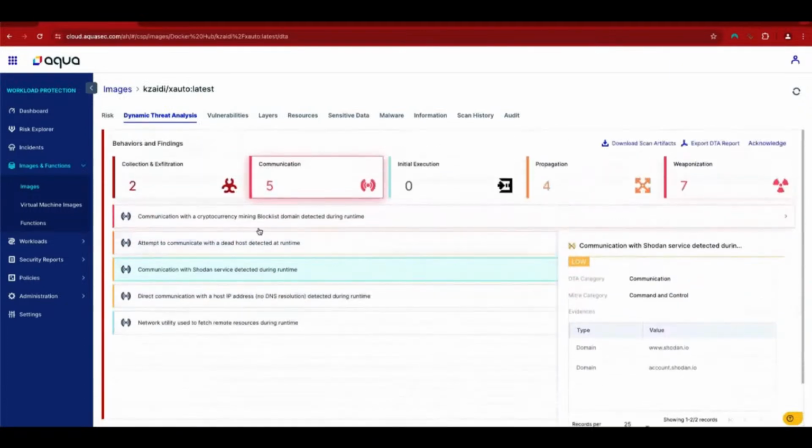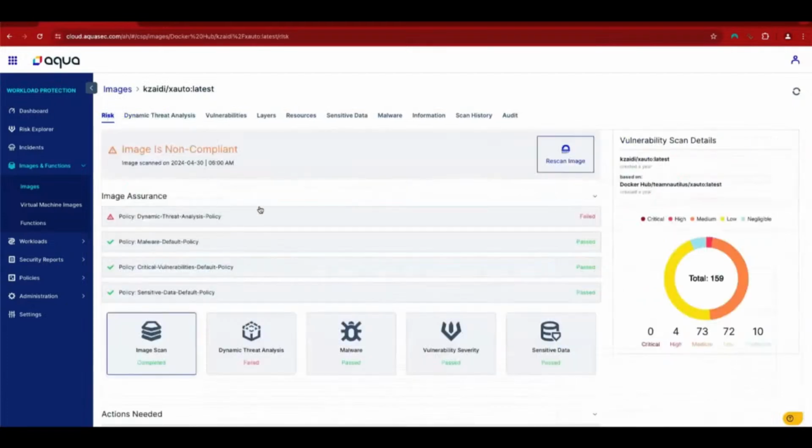So this specific image is non-compliant because of dynamic threat analysis, but could be completely valid from a static scanning perspective. And these specific scans, static and dynamic, can happen within the pipeline to prevent the risks from moving from one stage to the other in the application lifecycle.